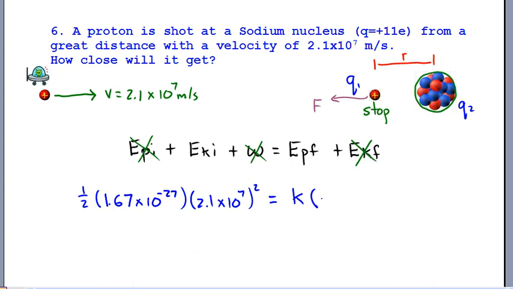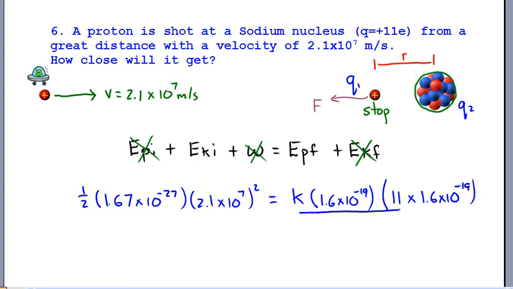So K, now the charges. One of them is a proton, 1.6 times 10 to the negative 19, smallest charge you'll ever see in nature. And then the nucleus over here, it's 11 protons. Some neutrons too, but they don't count electrostatically. So 11 protons, 11 times 1.6 times 10 to the negative 19.